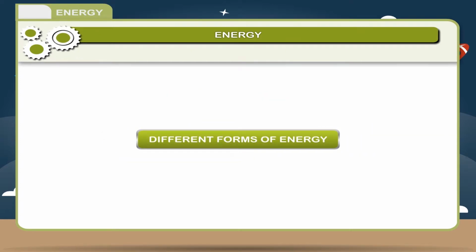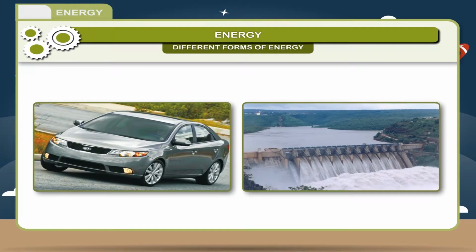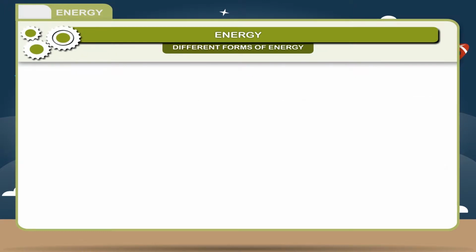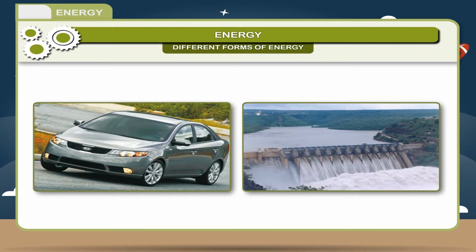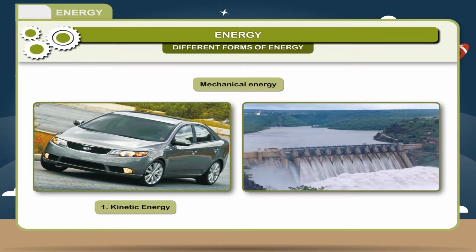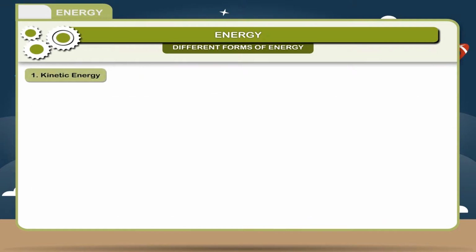Different forms of energy. There are different forms of energy. Mechanical energy. Energy by virtue of which some mechanical work is done is called mechanical energy. It has 2 forms. 1. Kinetic energy. 2. Potential energy. 1. Kinetic energy.